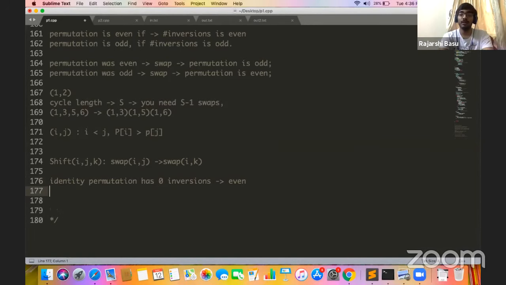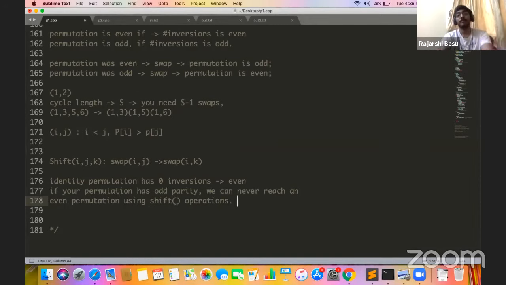Now, if the original permutation that's given in the question has odd parity, we can never reach an even permutation using shift operations, right? Because every shift operation does two swaps, and each swap changes the parity.